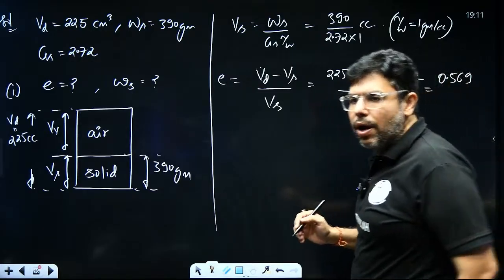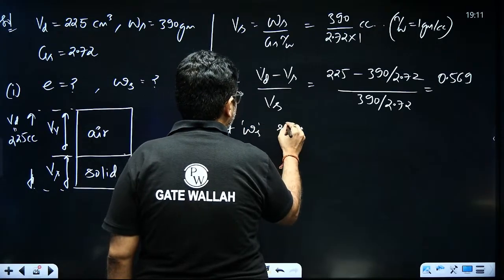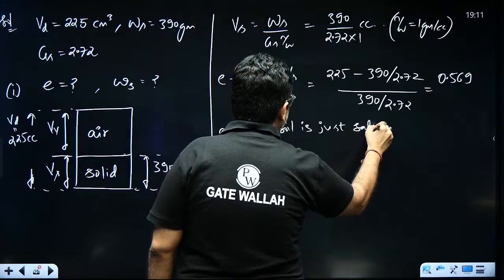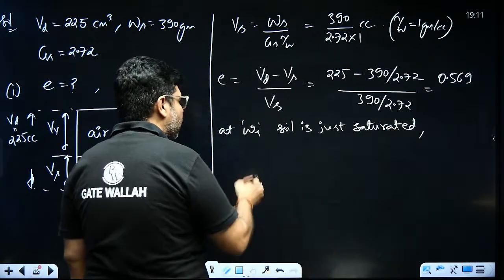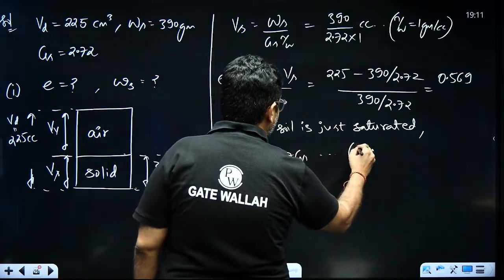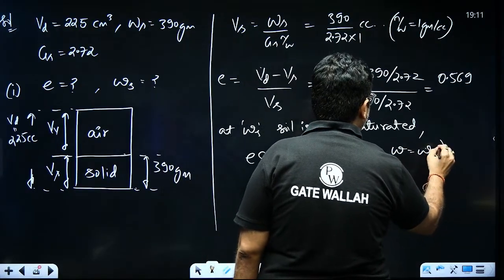Now, at the shrinkage limit, the soil is just saturated. Use Sevac's formula, that is e equals w Gs, with S equal to 1 and w equal to ws.